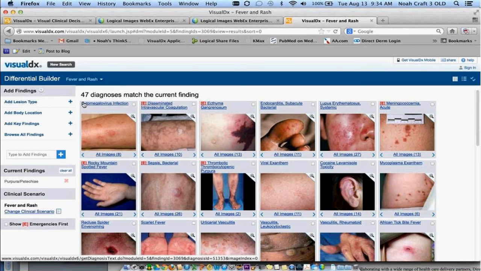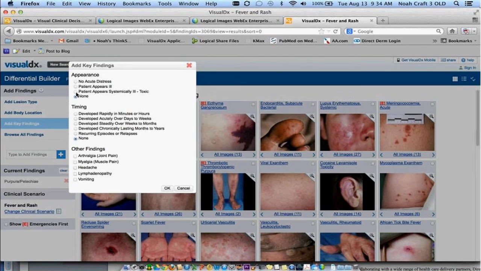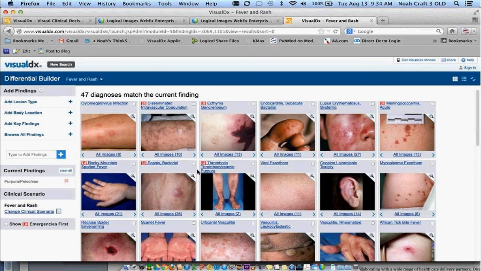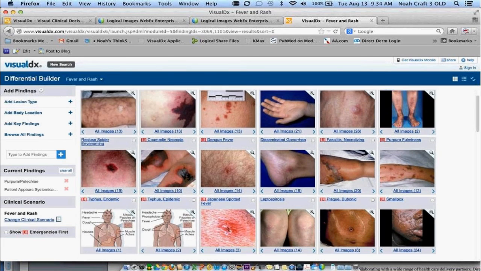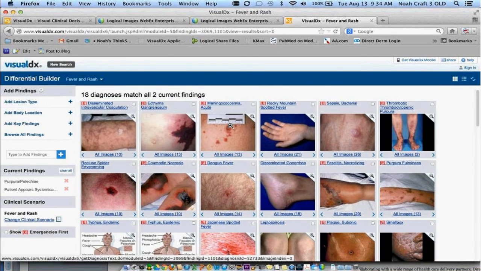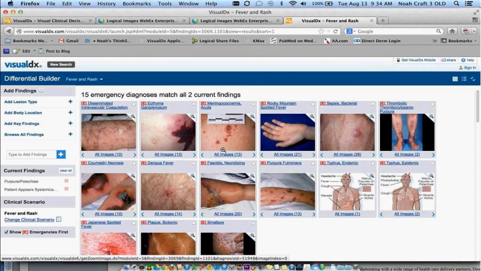You can see meningococcemia is over here. To refine this, if you look at toxic patients only, here are the 18 different diseases that present with purpura in a toxic-looking patient. Probably some of the most important are ranked by these emergencies, so these emergency cases I'm ranking to the top now. You have acute meningococcemia.